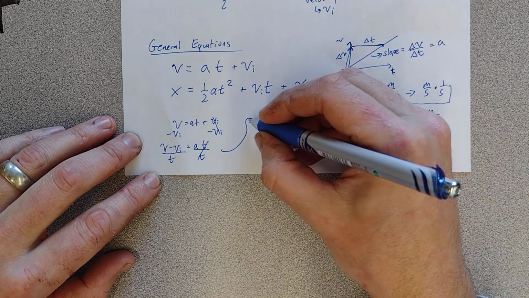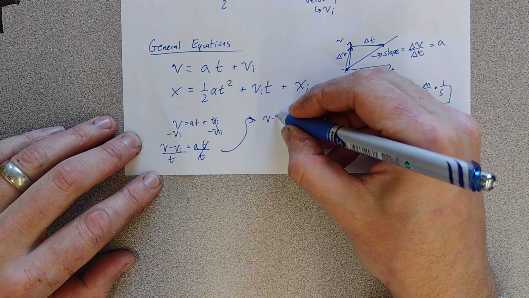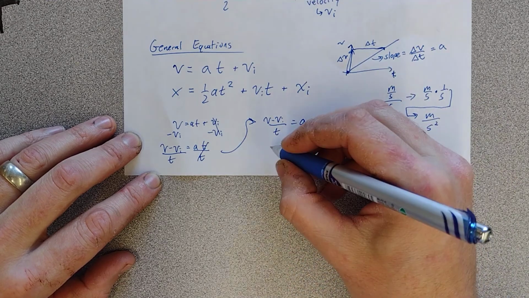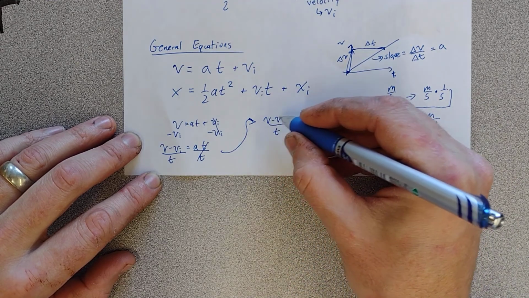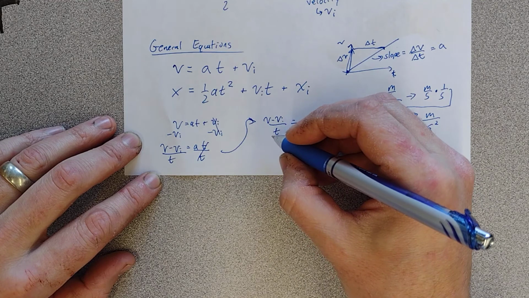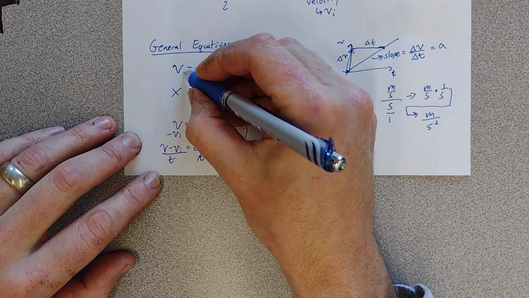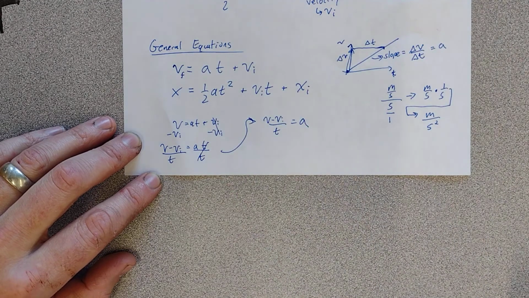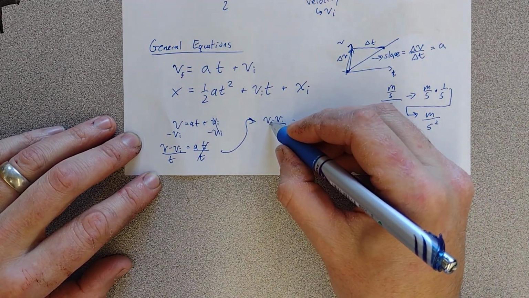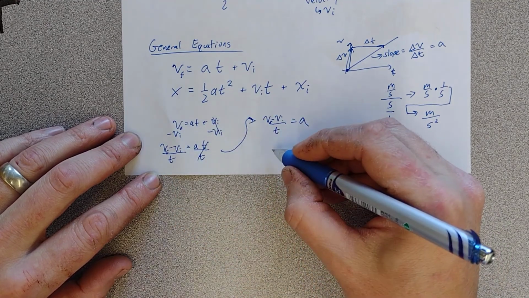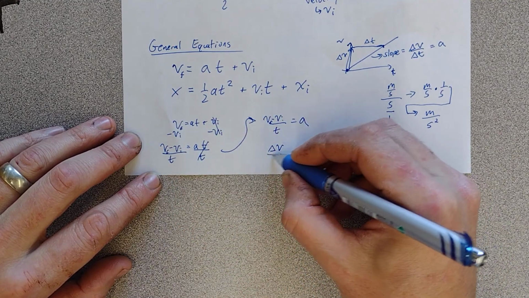I have v minus v initial over t equals a. Well, v minus v initial, that's v final minus v initial, really. We usually put an f here to call that v final. So we'll call that v final. v final minus v initial is just delta v.